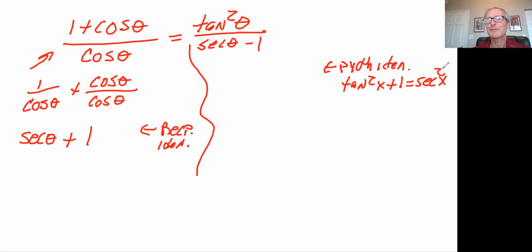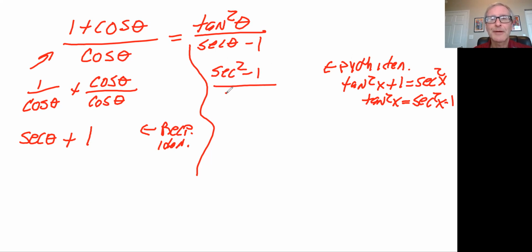So you could see that if we simplify this for tan squared, it would look like secant squared of x minus 1. So you could see we could use the Pythagorean identity and put secant squared minus 1 on the top, and we have secant, put my thetas in there, minus 1 on the bottom.